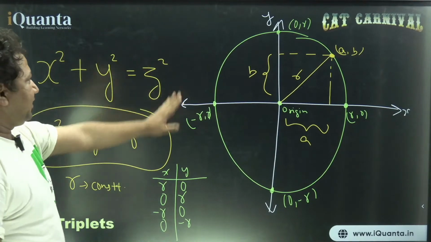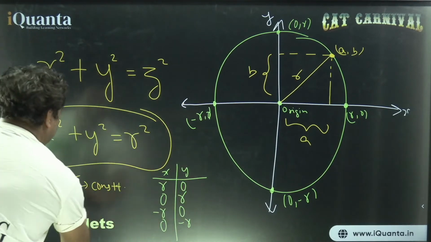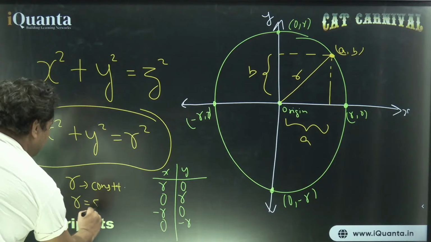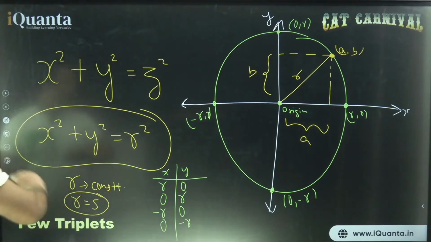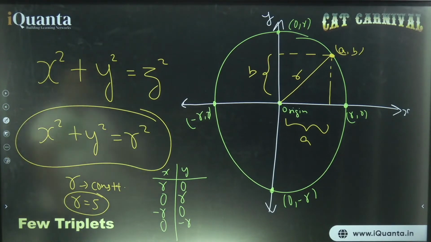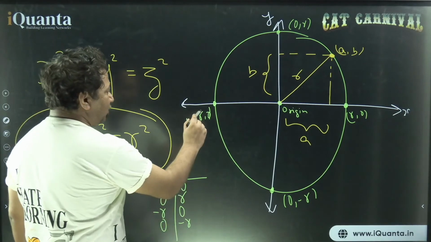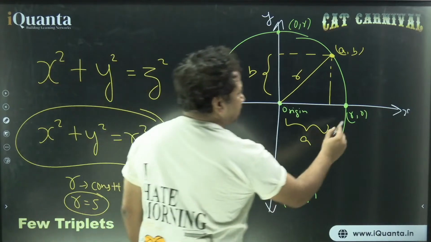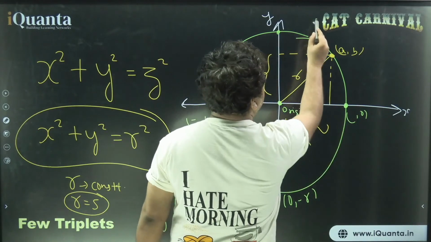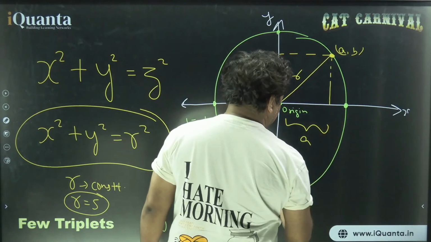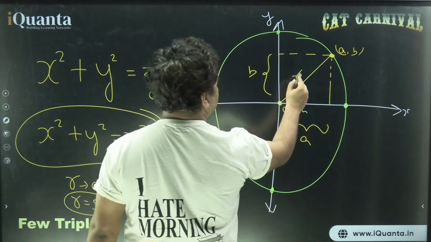अब इसी में I will assume r to be equal to 5. Let's assume r to be equal to 5. Then what's going to happen? Let's see that. I'll replace all the r's with 5 and let's see what is going to happen.